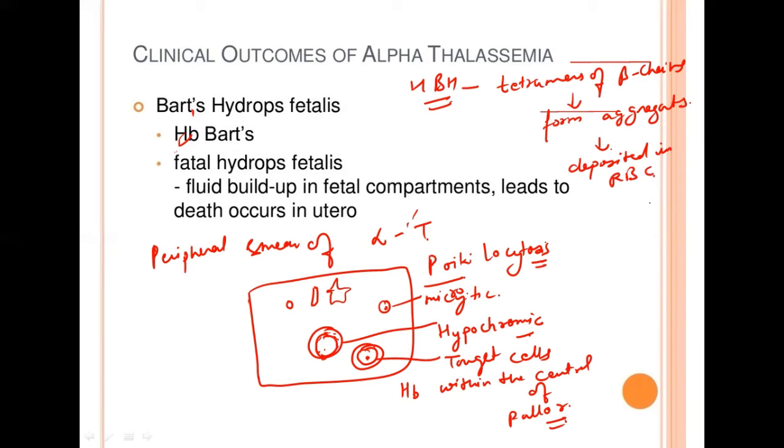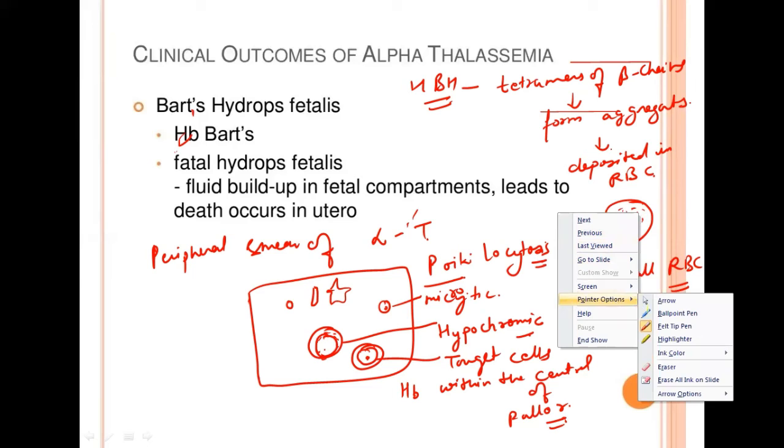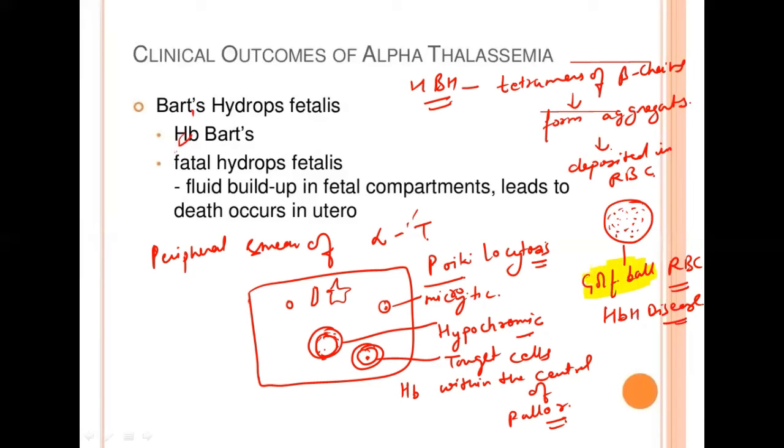And we will find fine, small, round structures in the RBC. So this RBC is called golf ball RBC in case of HbH disease, right? So just remember this: golf ball RBC in case of HbH disease, right?